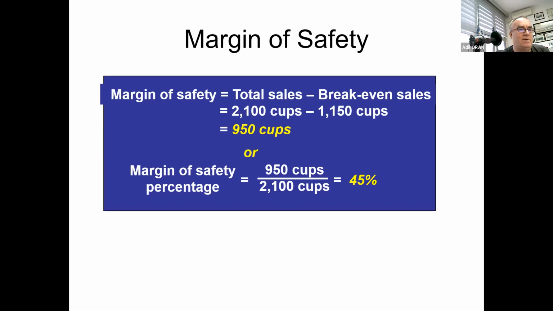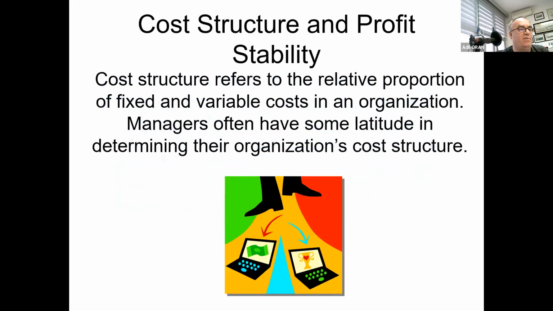The rest of this presentation, you can also download from the class website. Then we go on and look at the cost structure of the company, how much of the costs are fixed versus how much are variable. This is referred to as operating leverage, degree of operating leverage. So larger factories compared to smaller factories are said to have a higher operating leverage.